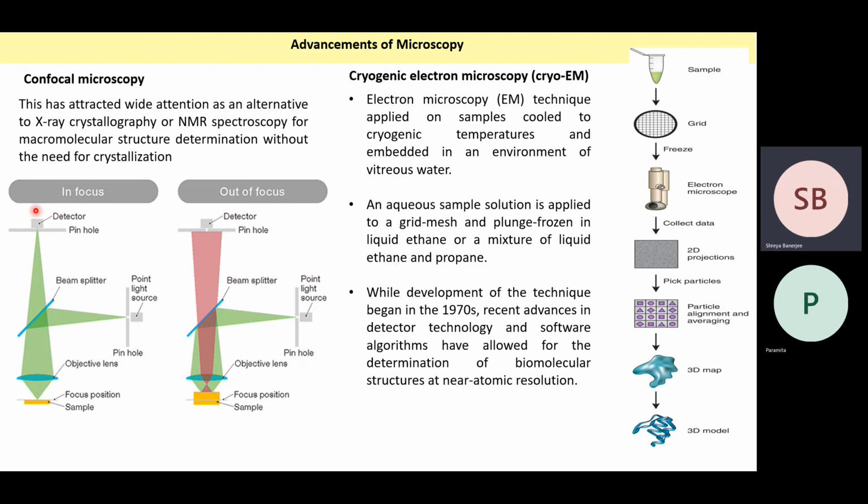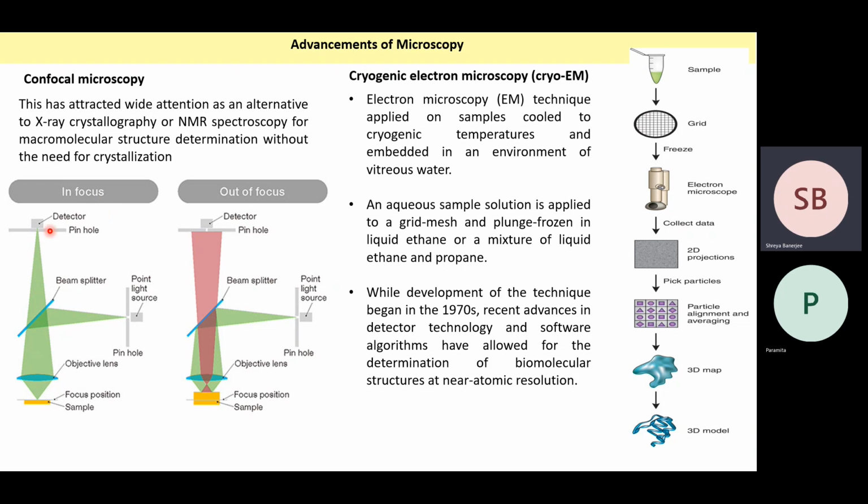In the confocal microscope, there is a point light source and the light passes through a small hole. Here it meets a beam splitter. The beam splitter deviates some of the beam to pass through the objective lens onto the sample, and it deviates the rest of the beam to reach the detector.